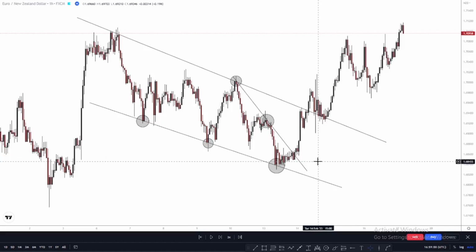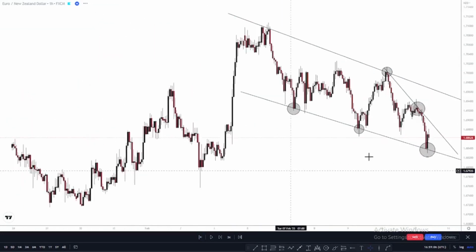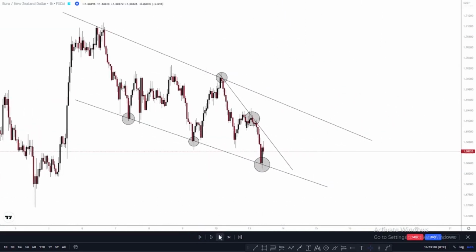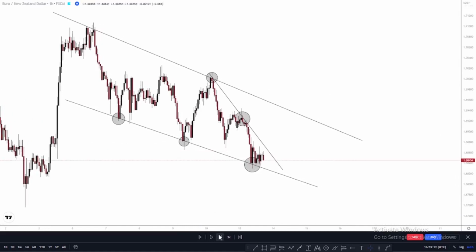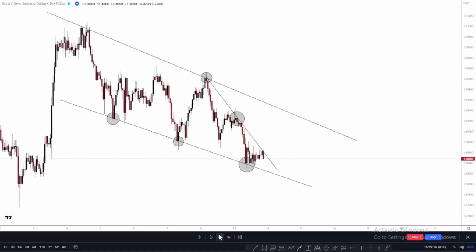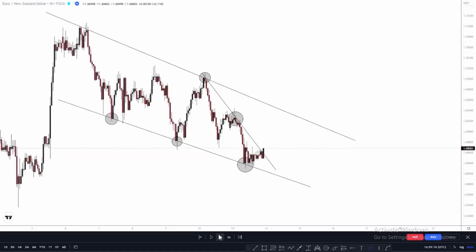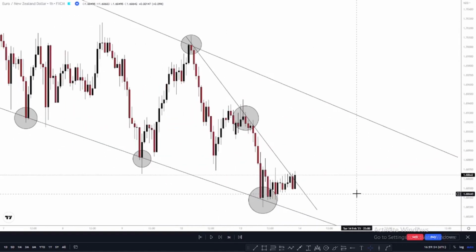Okay, so if you are to go back in time, where can we see the breakout happen? Boom, right here. This is where the breakout of the inner trend line happened.